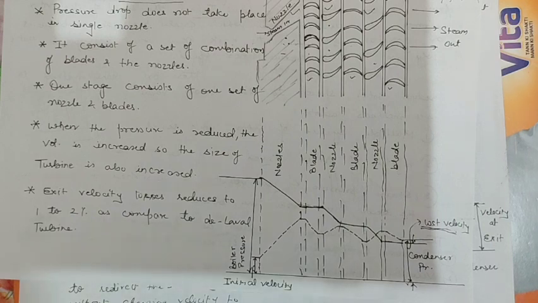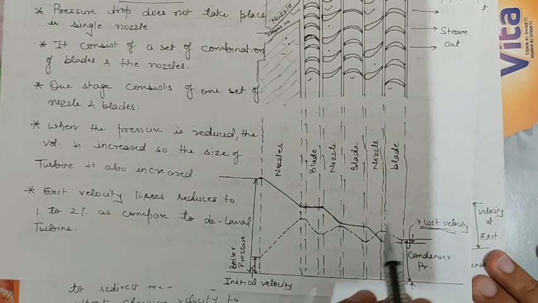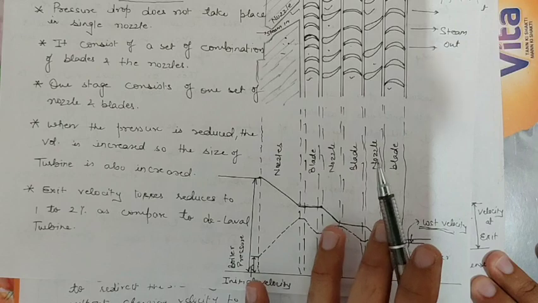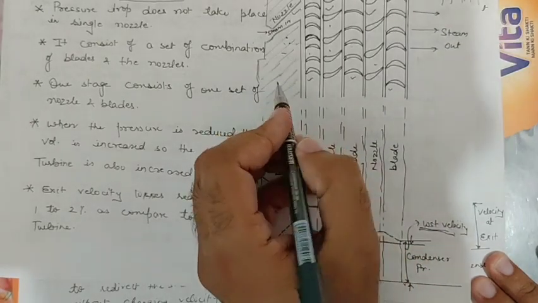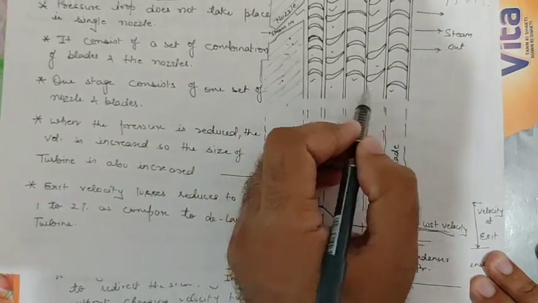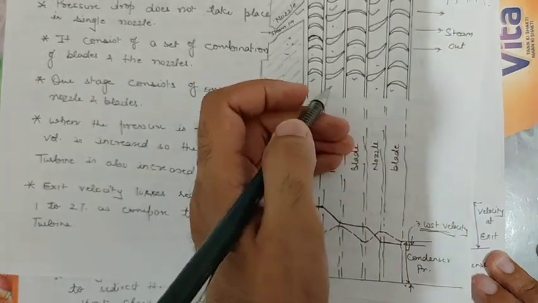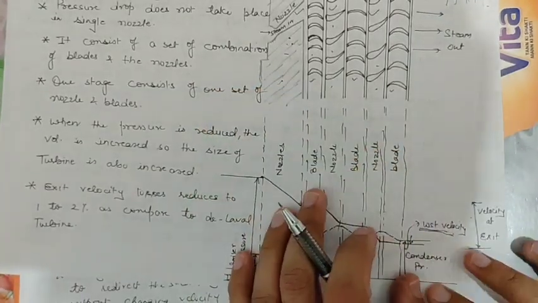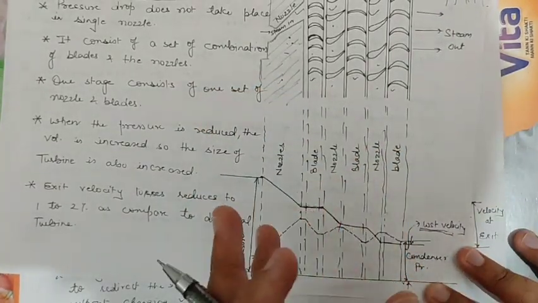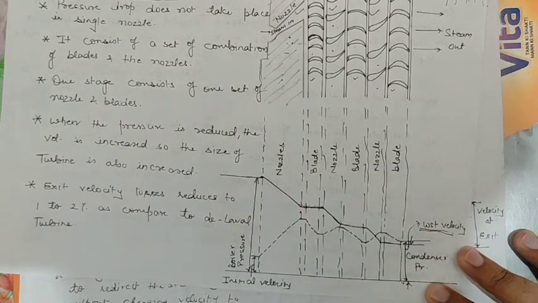The disadvantage of pressure compounding is, since there is a pressure drop in the nozzles like this, it has to be made airtight, because if some pressure gets out of the turbine, then the required amount of pressure drop does not take place.